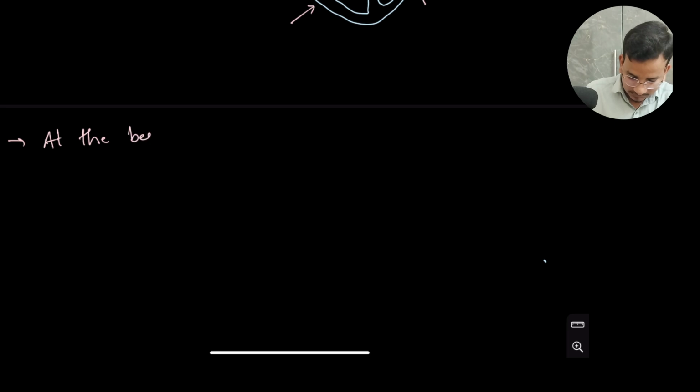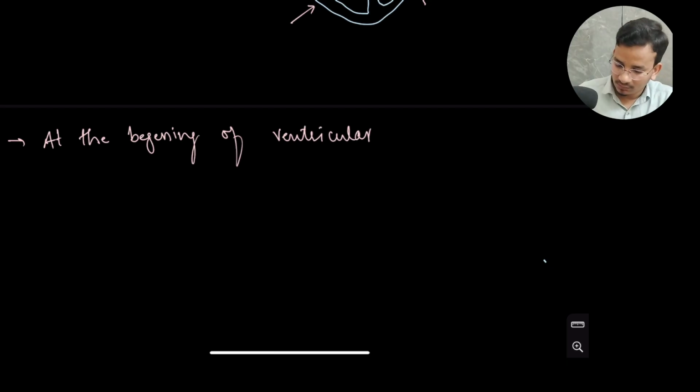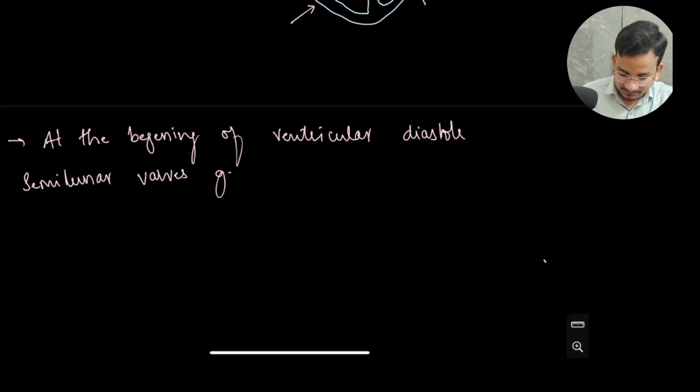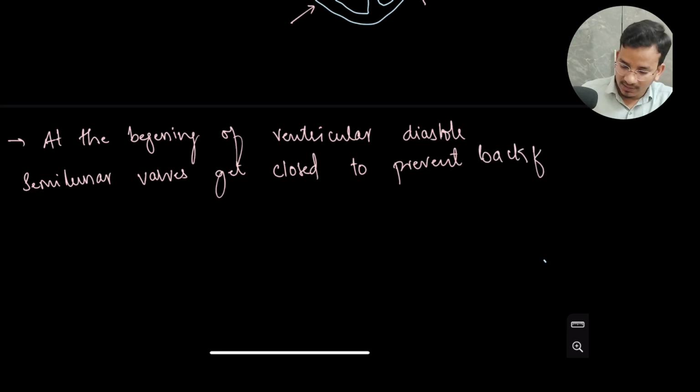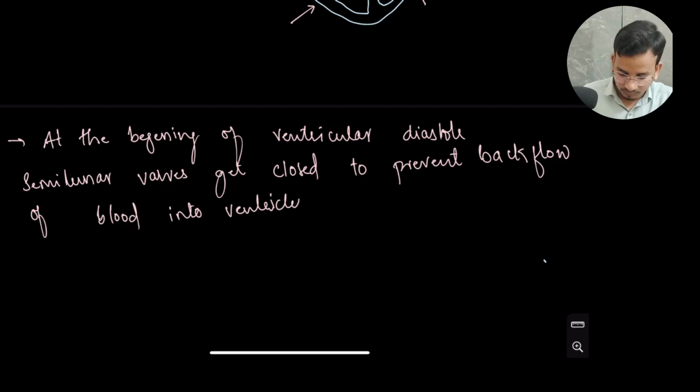At the beginning of ventricular diastole, semilunar valves get closed to prevent backflow of blood into the ventricles from the aorta and pulmonary artery.